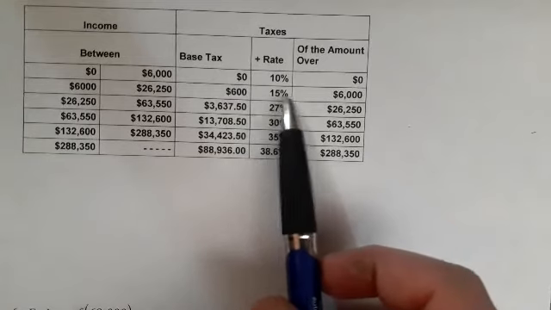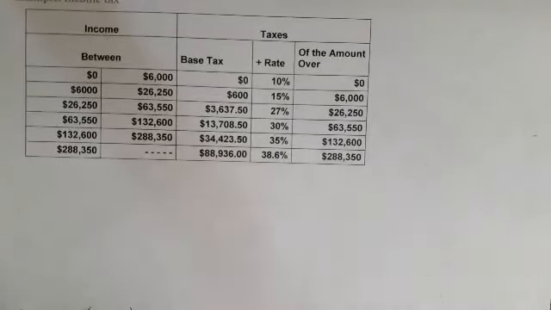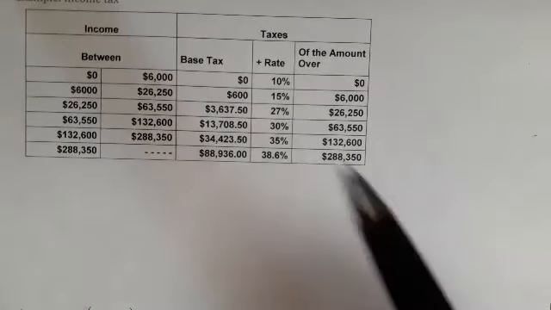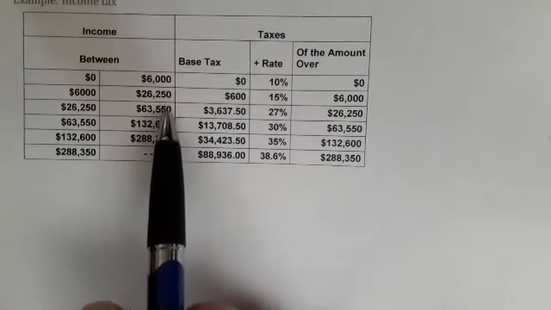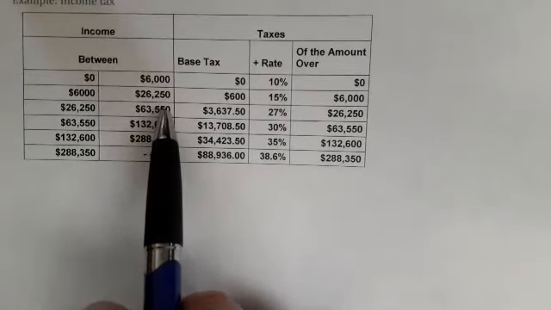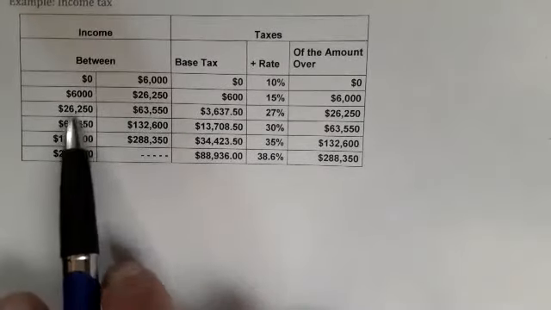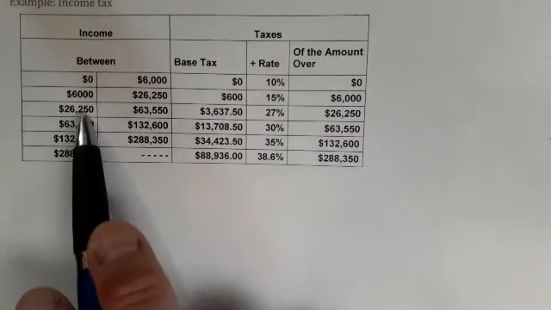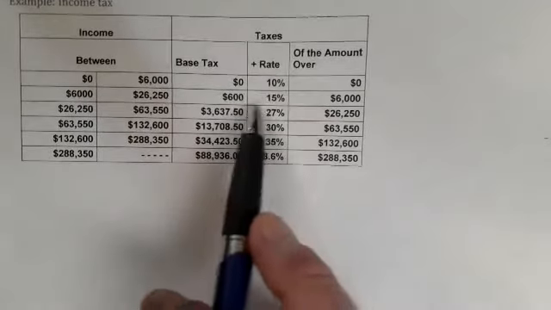And then you're going to make 15% on anything that is over $6,000. So if we combine that, we know 15% of, now they're doing the same sort of pattern with the next step. If you make anything over 26,250, that first 6,000 to 26,250 is getting taxed at 15%.